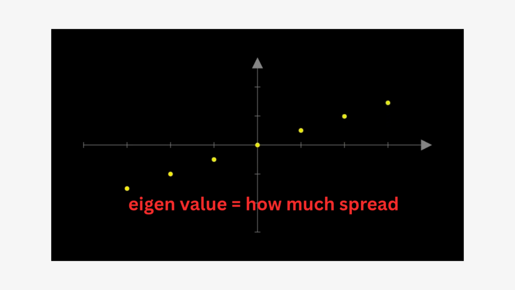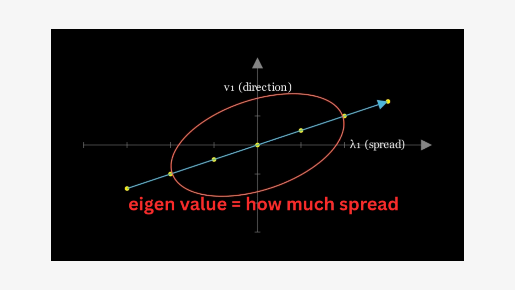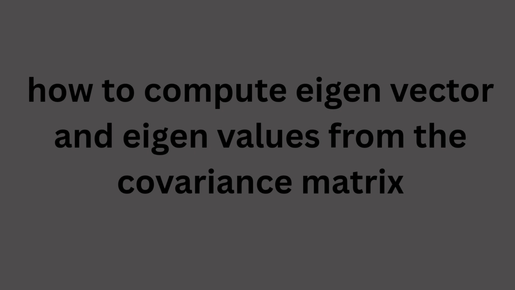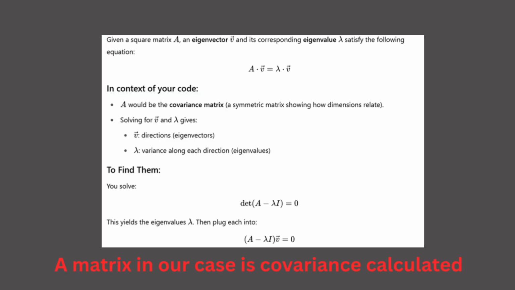It is measuring the length of the spread, or technically you can call it the variance. Now, how do you compute this? We need eigenvectors and eigenvalues for rotation, stretching, and rotation back. But how do we calculate the eigenvectors and eigenvalues? From the covariance matrix, after calculating it.